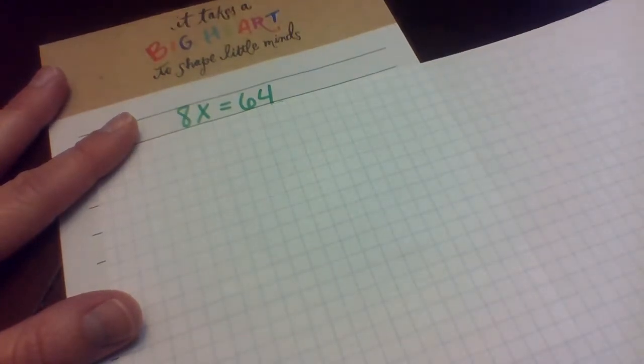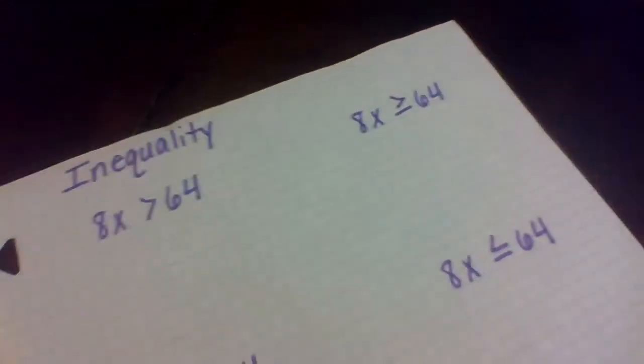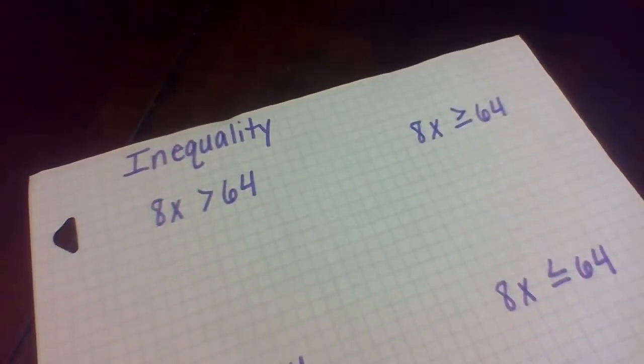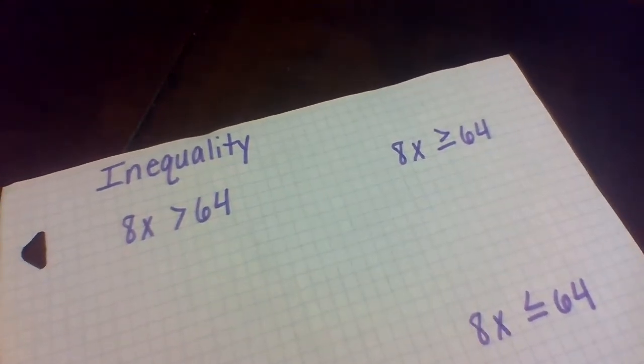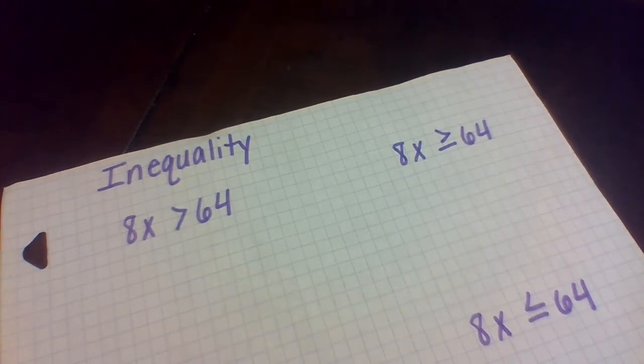Okay? Now, if I take a look at this as an inequality, what that's saying is, what can I do with my greater than, less than, greater than or equal to, or less than or equal to sign?